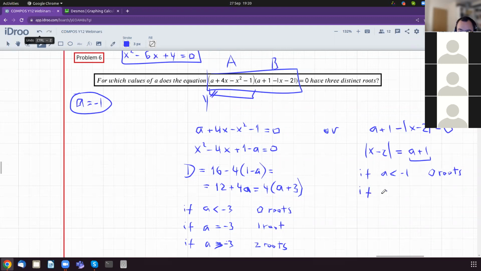If a is -1, it has 1 root. And if a is greater than -1, it has 2 roots.